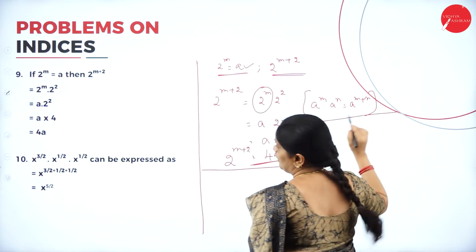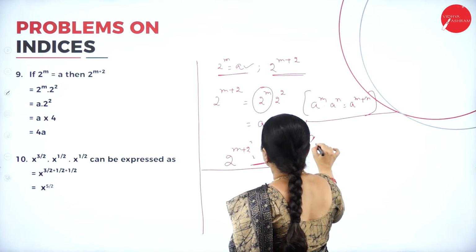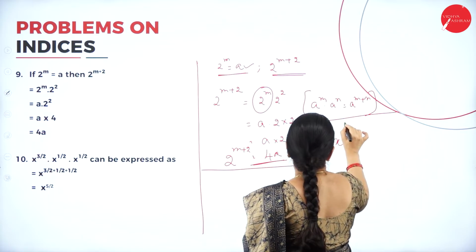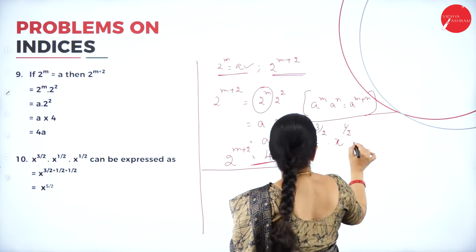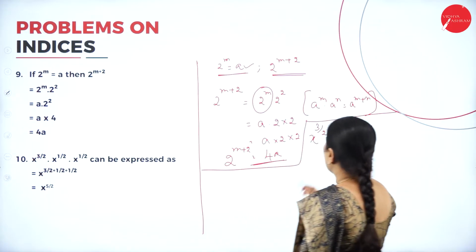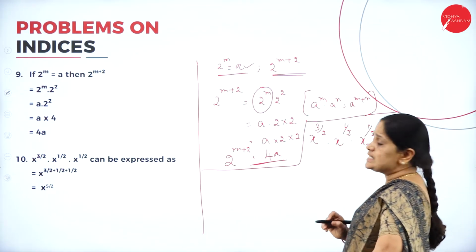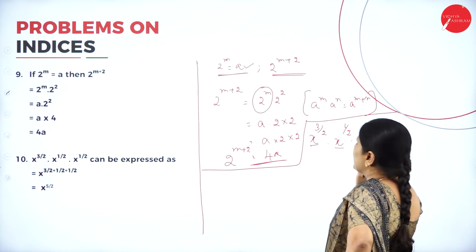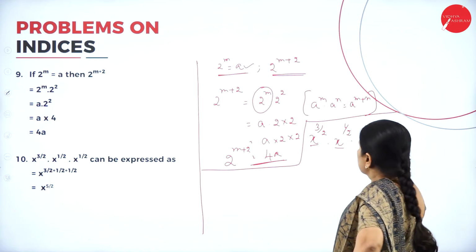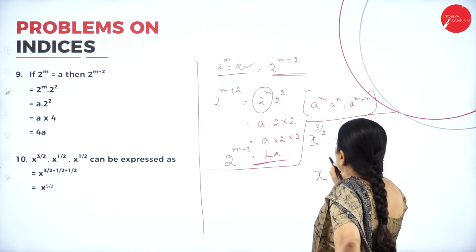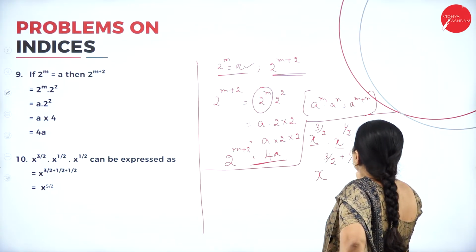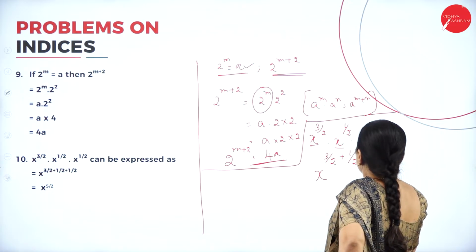Now, the next problem given here is x to the power of 3 by 2 into x to the power of 1 by 2 into x to the power of 1 by 2. Now, how do you simplify this? The first thing you have to notice is the bases are same. So, when the bases are same, the powers can be added. So, I will write this as x to the power 3 by 2 plus 1 by 2 plus 1 by 2.